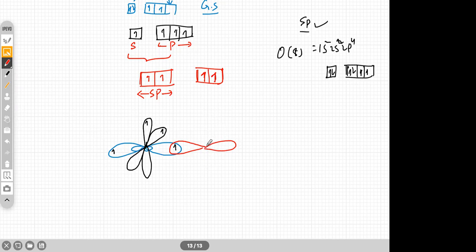The other two, this p orbital has a pair of electrons. This has one unpaired electron, this has one unpaired electron. Same thing we have on this side also. One unpaired electron for this p, and an unpaired electron here and a pair of electrons here.